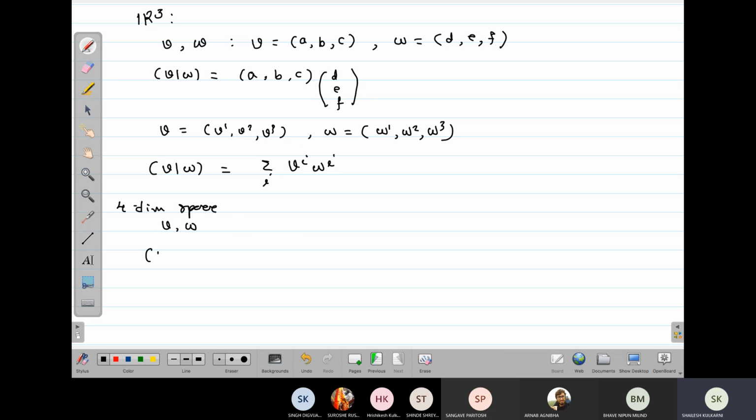I define the inner product as v1 w1 minus v2 w2 plus v3 w3 plus v4 w4. This is not an example of a Euclidean vector space. This in fact is Minkowski space.